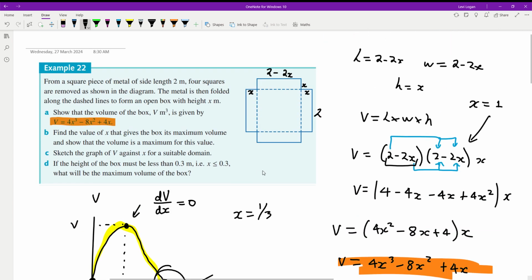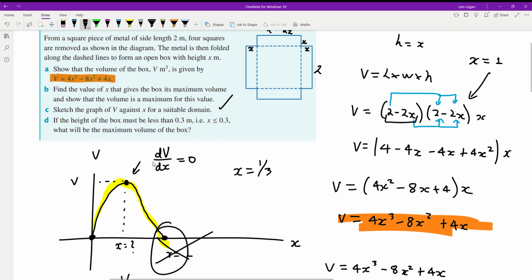Righto. Sketch the graph, we've already done that technically. We could work out the y value if we wanted to here, but it's not really necessary. If the height of the box must be less than 0.3 meters, so x can't be greater than that, what will the maximum value of the box be?